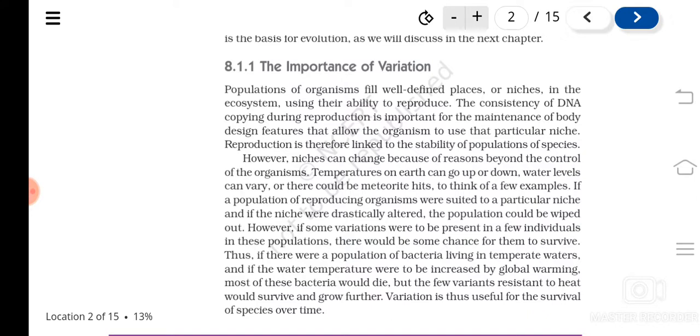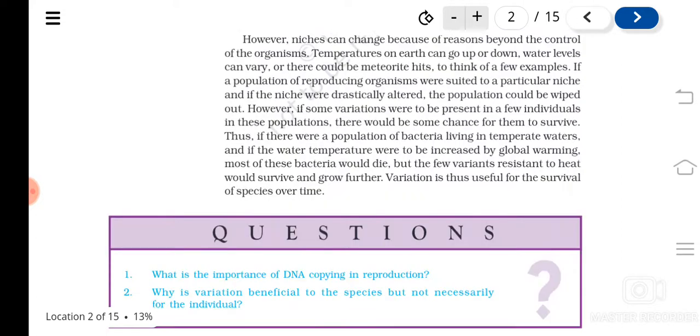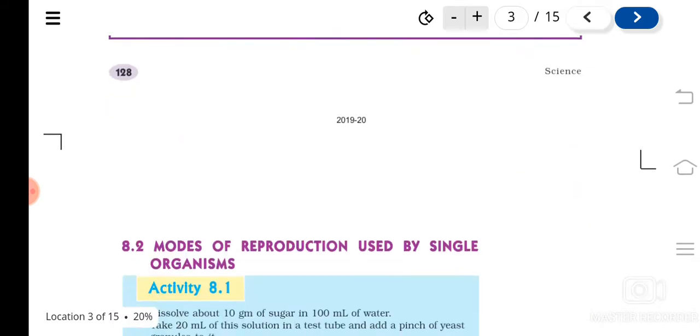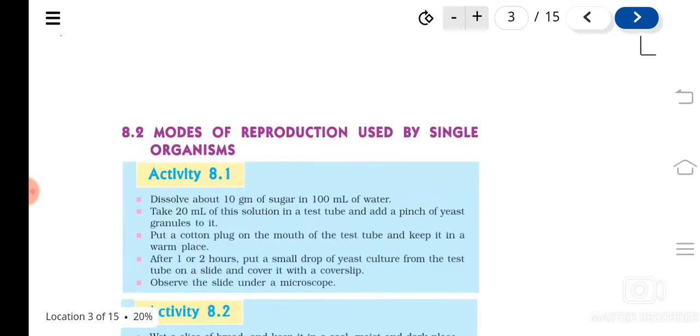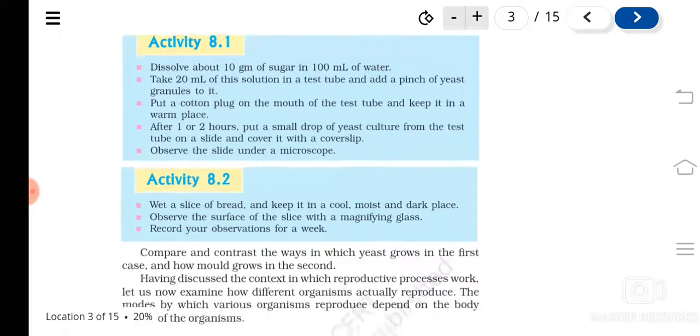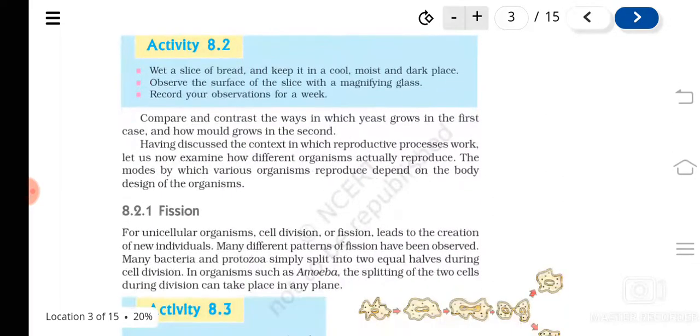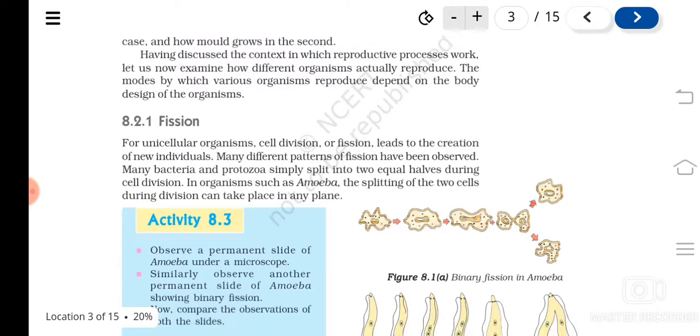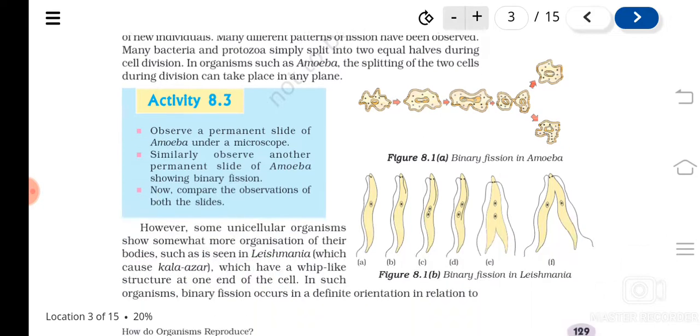In higher organisms you can see sexual reproduction, because it produces variation. What is variation? Differences, isn't it? And if there is a lot of variation, nature selects the best variety, and that results in the evolution process.